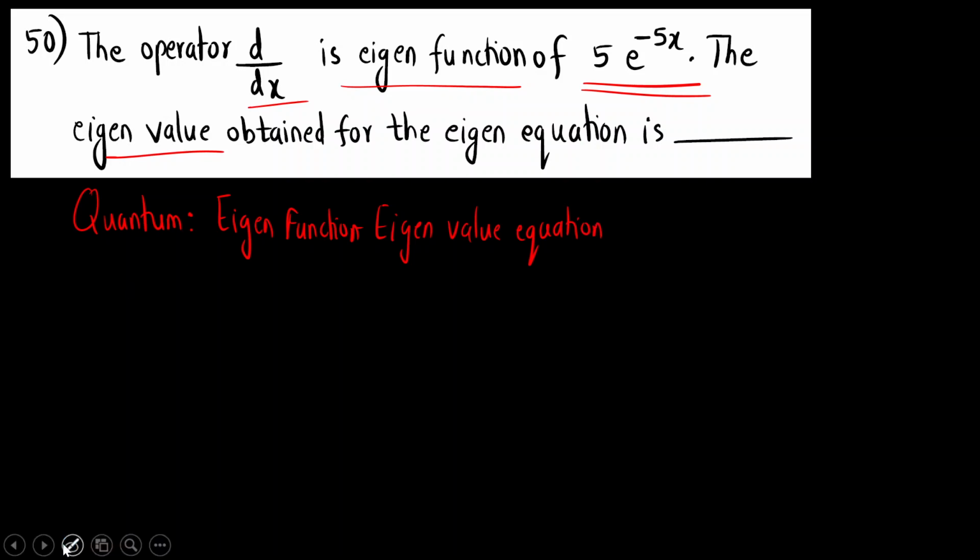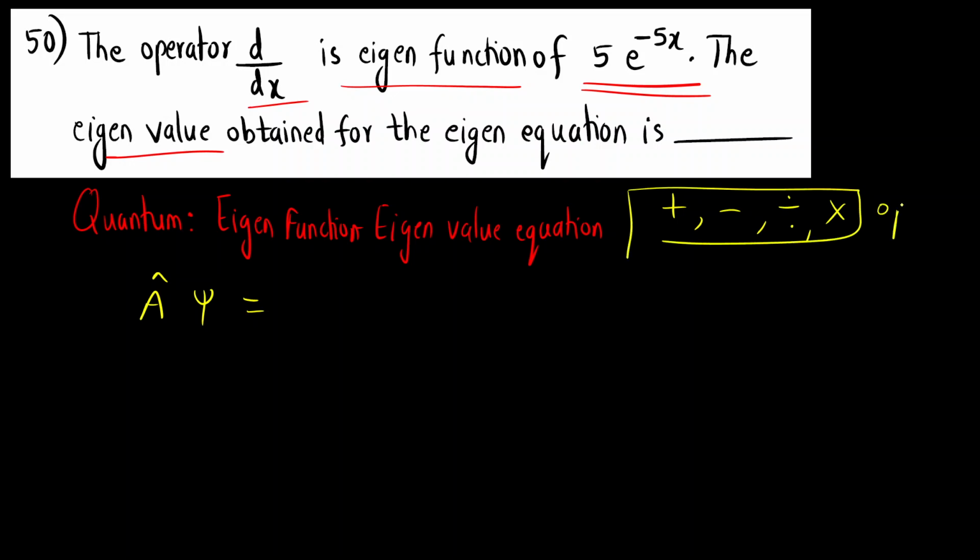So there is an operator, let's say any operator A. You apply it on a wave function psi. What is the meaning of operator? Plus, minus, division, multiplication are also types of operators. It can be d/dx, it can be integration, it can be the double derivative d²/dx².